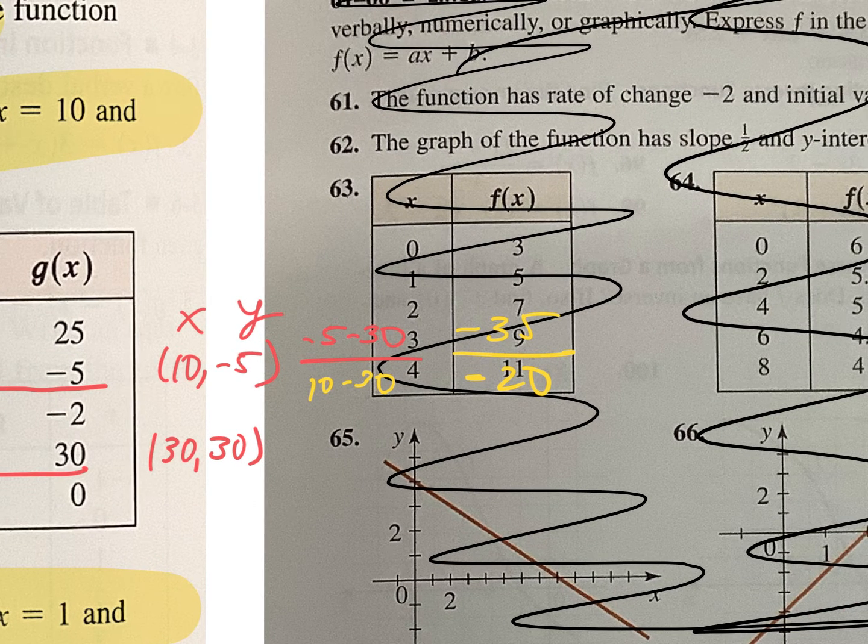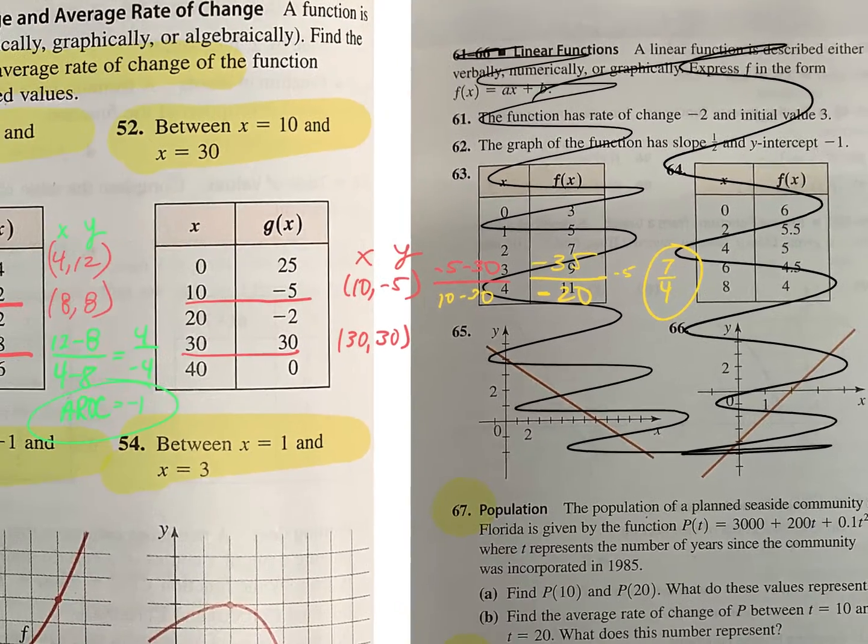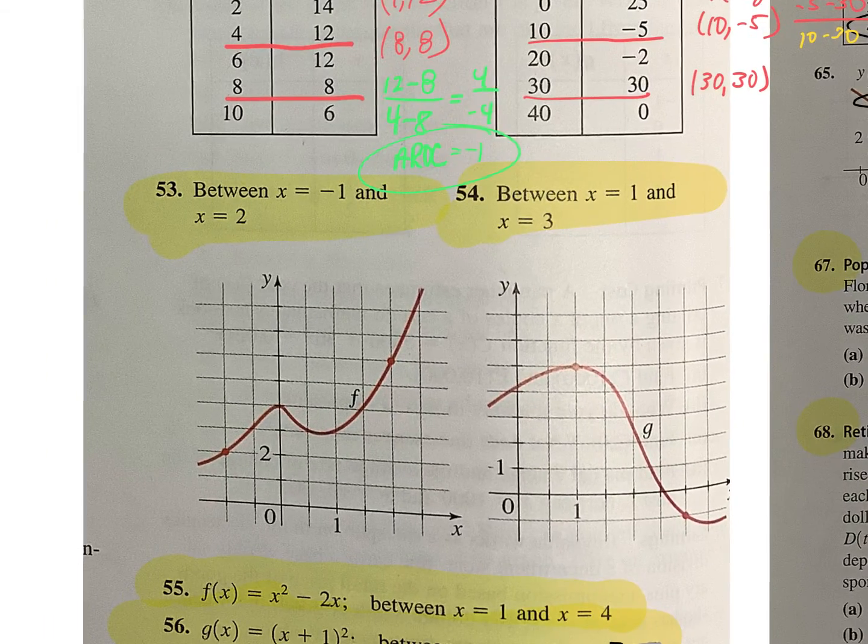A negative divided by a negative gives you a positive, and I can divide both top and bottom by 5, so this becomes 7 over 4. So your average rate of change between these two intervals on the x-axis with the given information is 7 over 4. Questions?